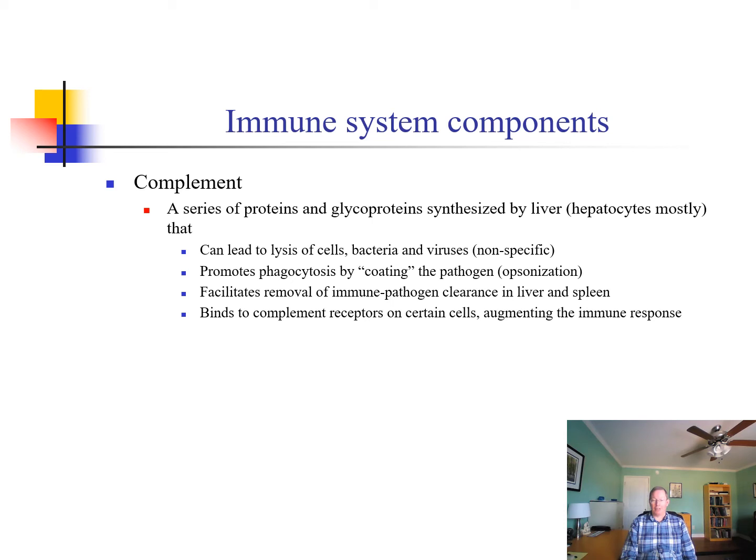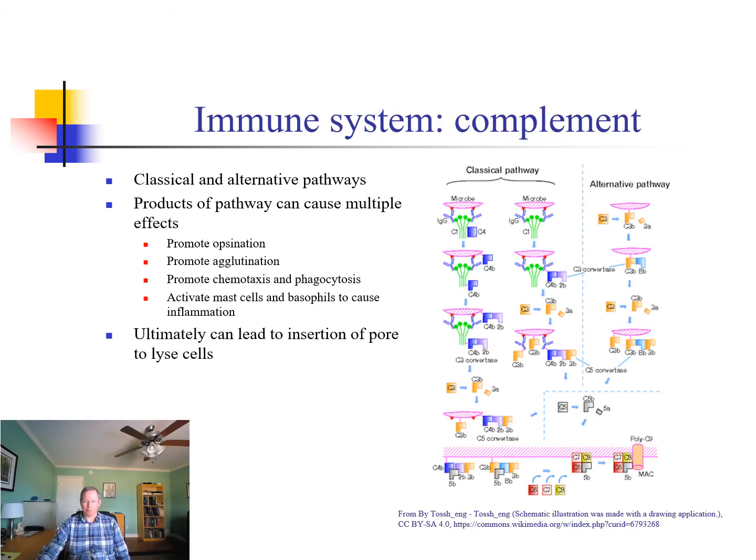Opsonization is the process of phagocytosis that I had mentioned earlier, and then helps with the clearance of that pathogen through the adaptive immune system. It also facilitates their removal in the spleen, and it binds to receptors on certain cells and serves as an augmentator of the immune response. And I'll show you that in just a second.